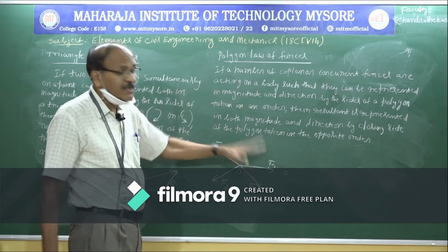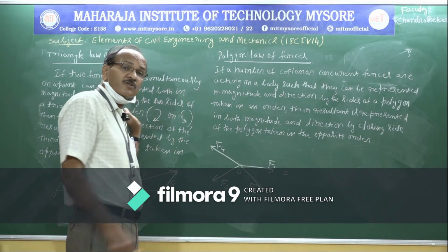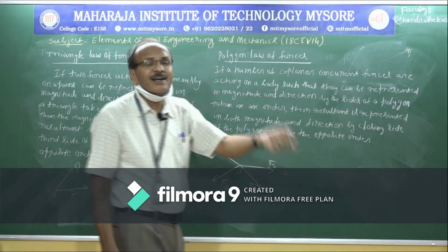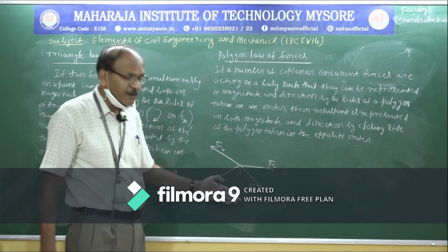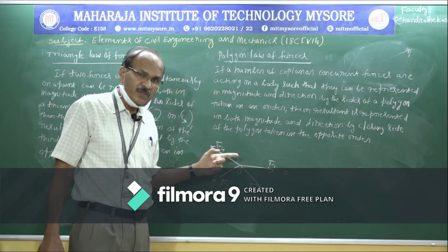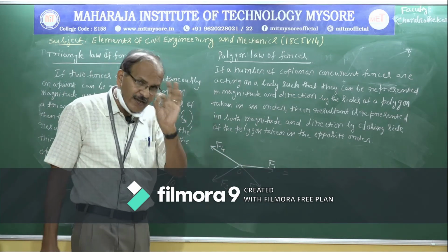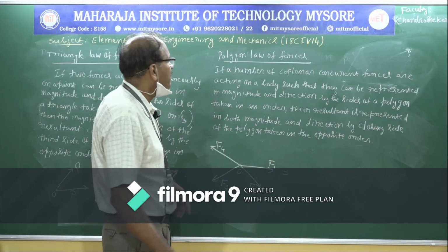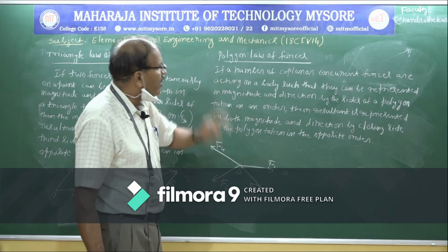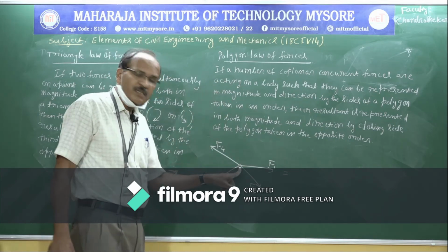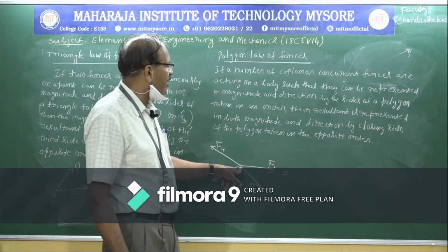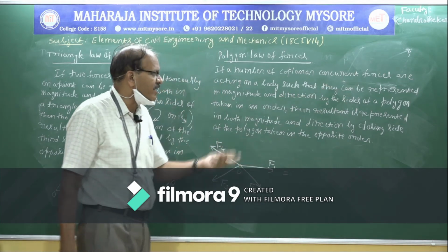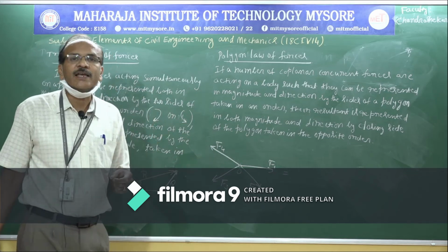Here it is multiple forces, there it is two forces. So I am going to read it out. If a number of coplanar concurrent forces, yes, these are coplanar forces, acting on a single plane, and concurrent because they are acting at the point O, that is at a single point, or acting on a body, such that they can be represented in magnitude and direction by the sides of a polygon.